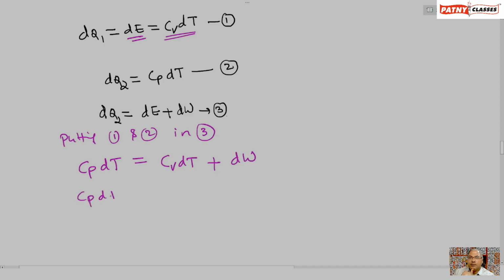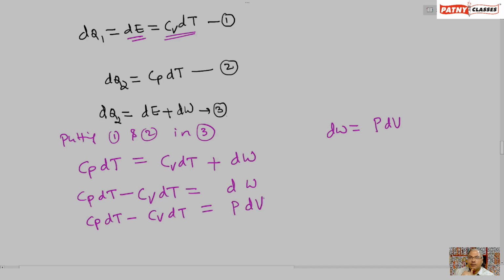Bringing the Cv dT part to the left side, Cp dT minus Cv dT equals dW. dW is nothing but work done. It is calculated as the product of pressure and change in volume. Therefore Cp dT minus Cv dT equals P into dV.